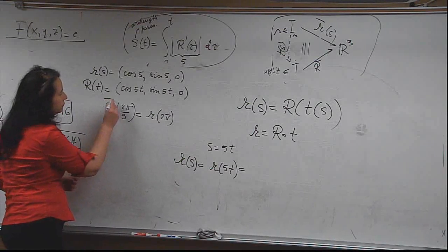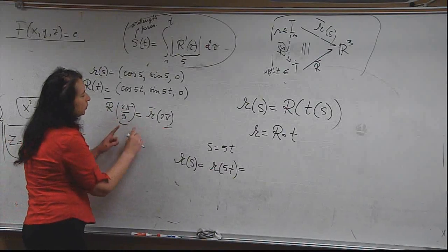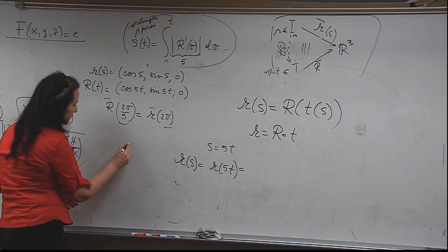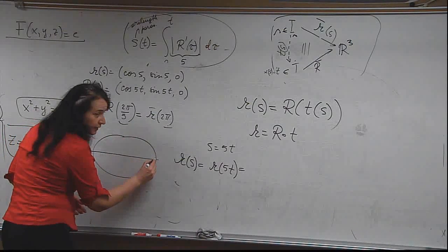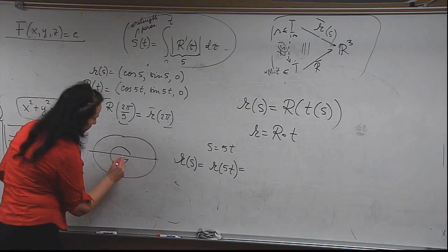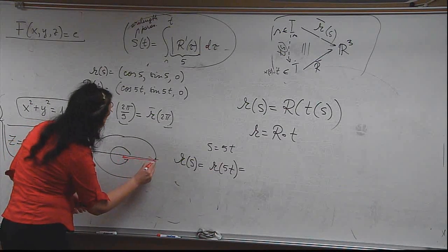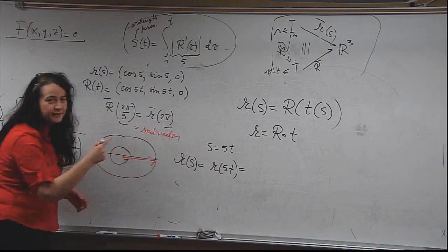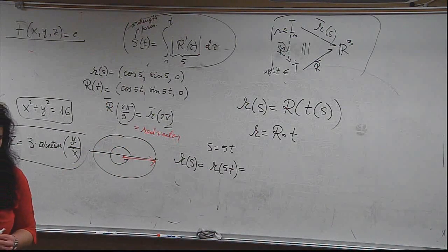Physically, the two vectors at two different moments in time are the same. So I start here, and I end here. So physically, these two guys are the same, the red vector. But they are there at different moments in time.